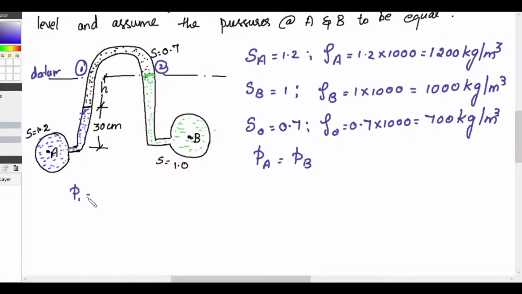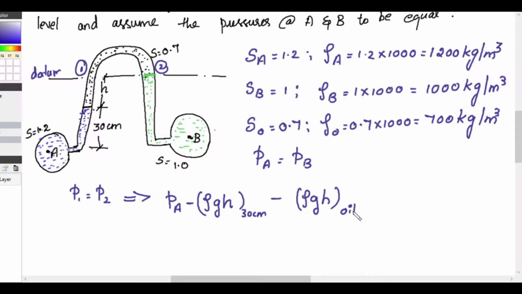From this, pressure at A minus pressure due to this height, that is rho g h of this 30 centimeter, minus rho g h of oil, this is of oil.